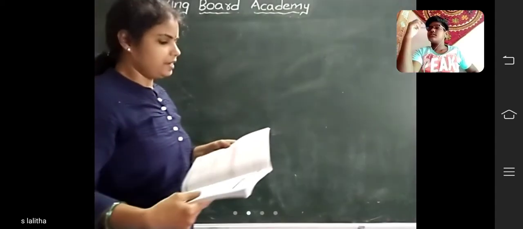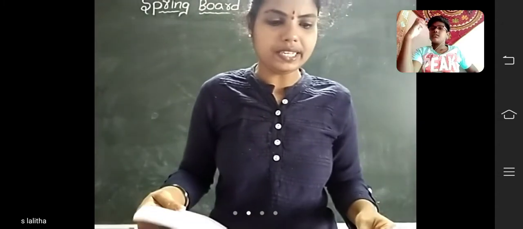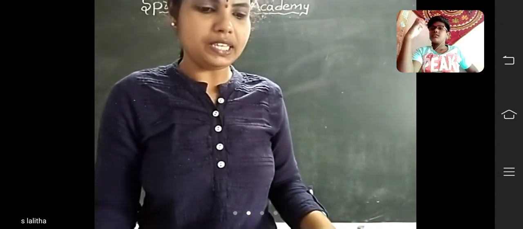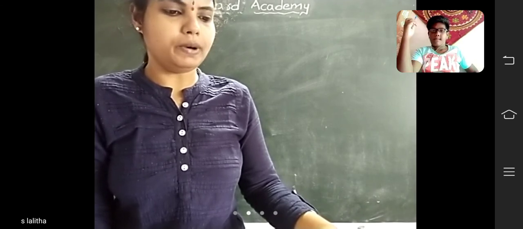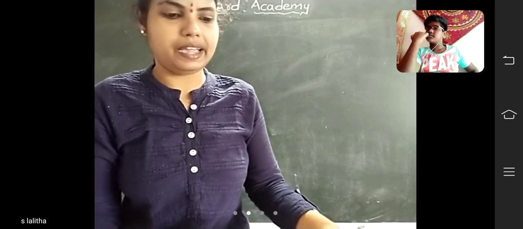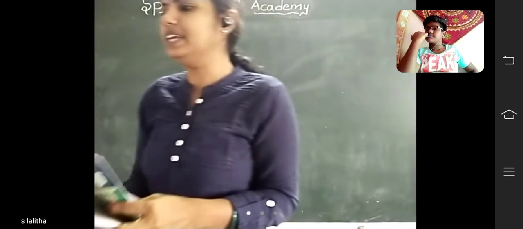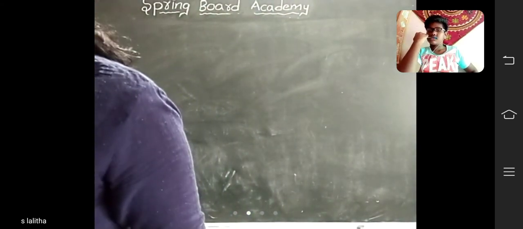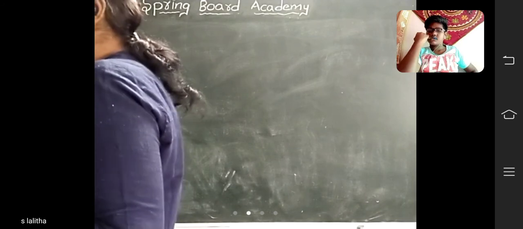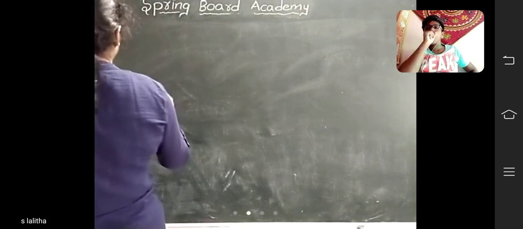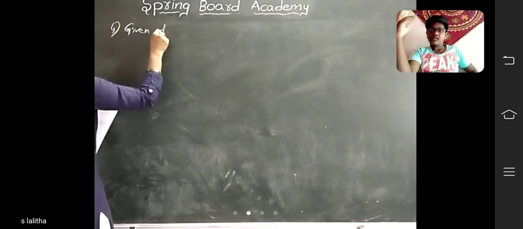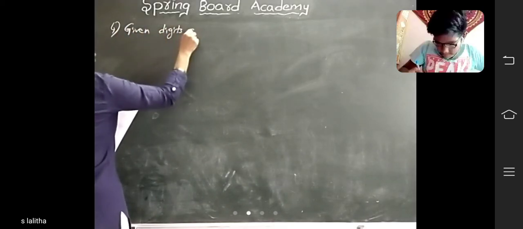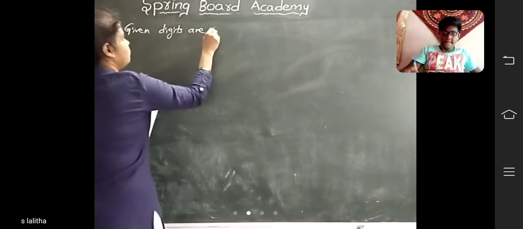To the next question, children. Write different two-digit numbers using digits 5, 6, 7. Check whether these numbers are divisible by 2, 3, 5, 6 and 9. So you have to write two-digit numbers using the digits 5, 6, 7. So what are given here? Given digits are 5, 6, 7.